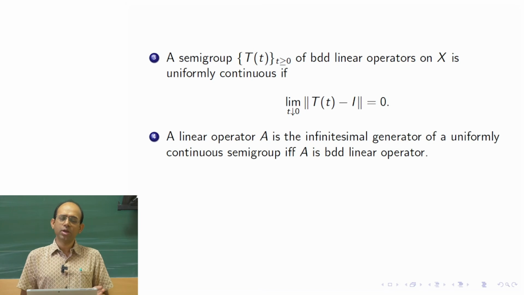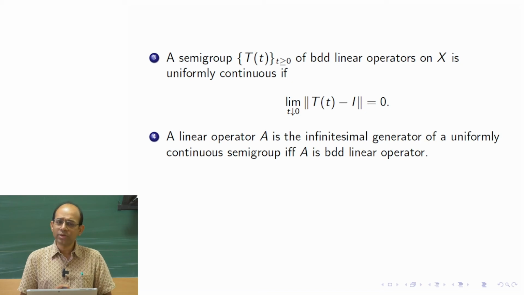So that means if we have a C0 semigroup which is not uniformly continuous, then the generator we are going to get would not be a bounded linear operator. We know there are some examples of linear operators which are not bounded, correct? Say, differential operators are like that.